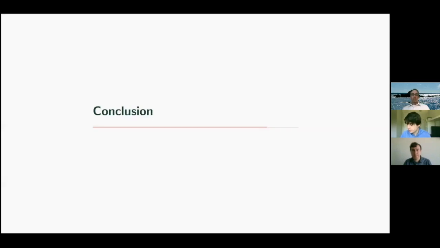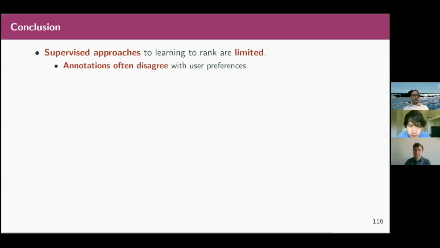All right, so let's take another step backward and try and formulate some conclusions and then look forward. We started out by observing that supervised approaches to learning to rank are limited. Annotations often disagree with user preferences. That was one of the key factors why we thought we should look at alternative ways of learning ranking models.